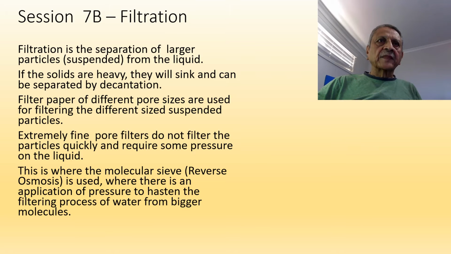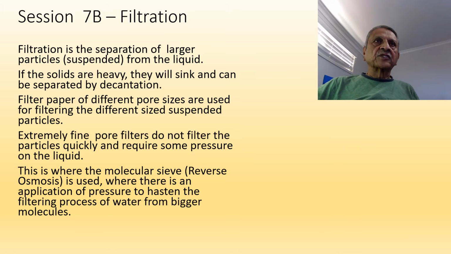When the particle sizes are very small, particularly those which have difficulty going through the filter paper, such as positive ions and negative ions, or sodium chloride, for example, potassium chloride.